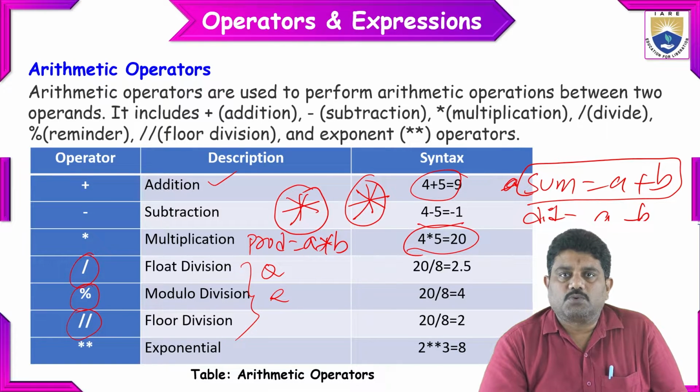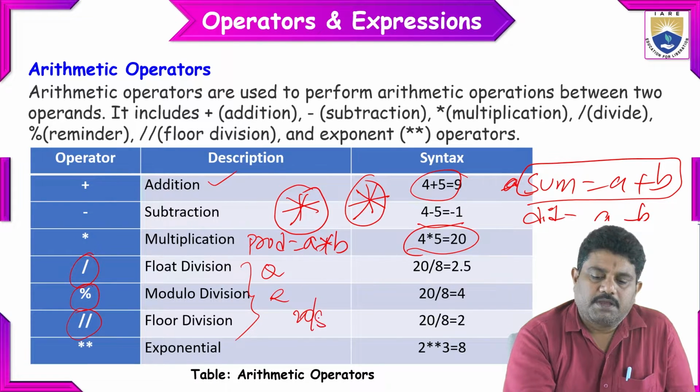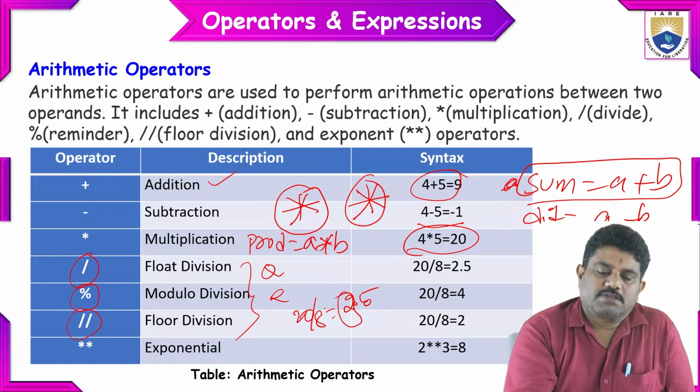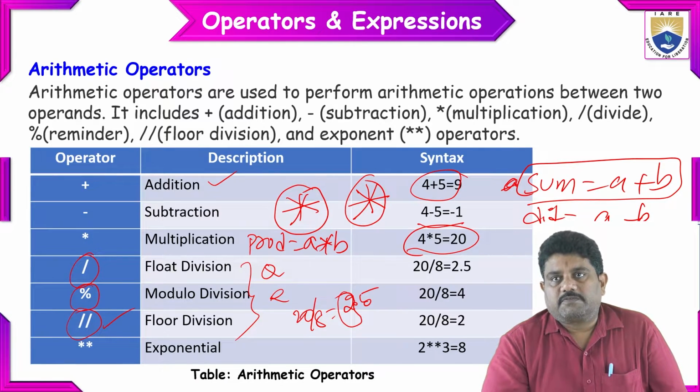Floor division gives only the integer part of the quotient. For example, 20 by 8 generally gives 2.5, but if I want only the integer part 2, I can go for floor division. That is the advantage of floor division.